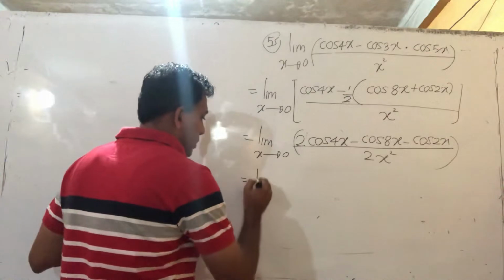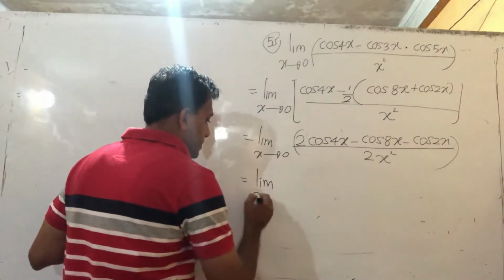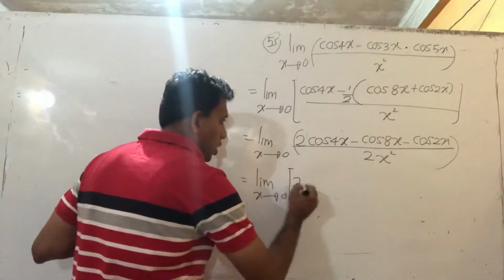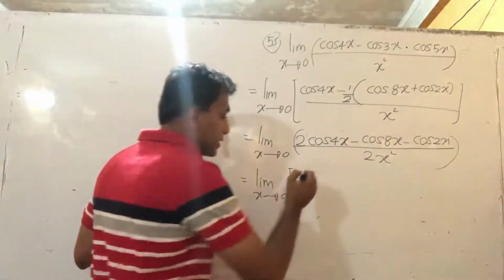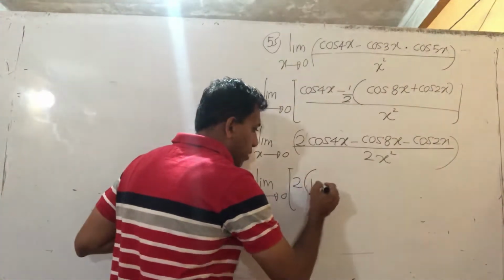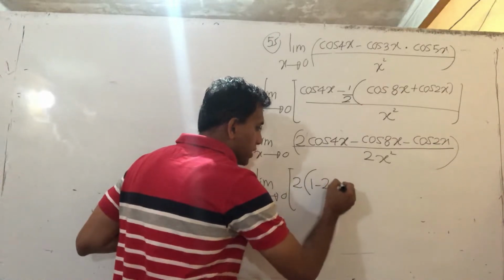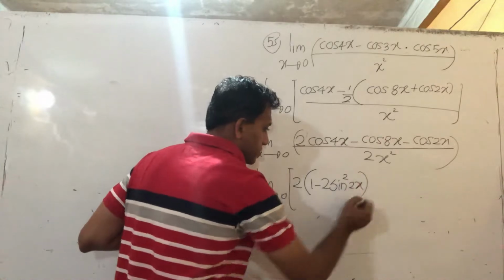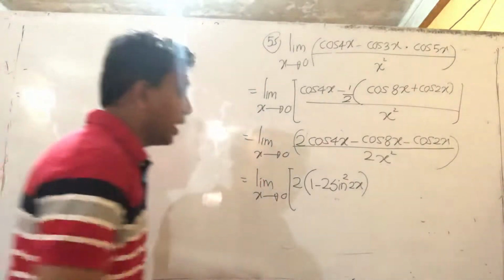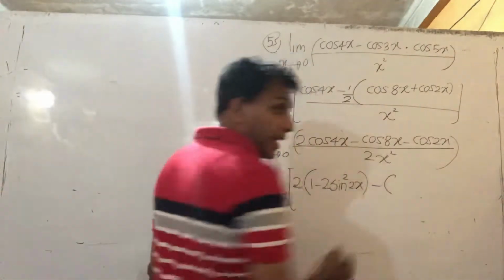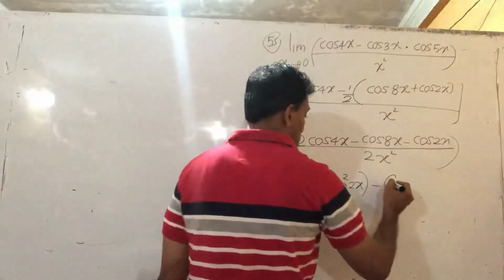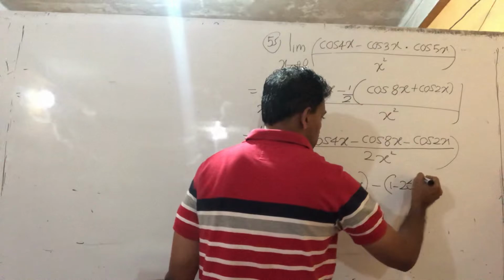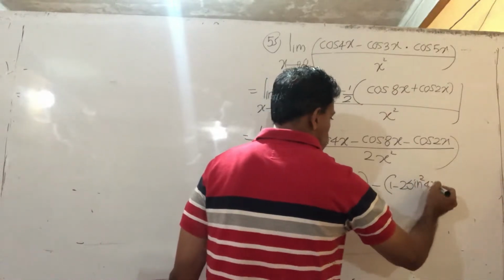Therefore the limit as x tends to 0 of 2, now what is cos 4x? 1 minus 2 sine square 2x. And minus cos 8x is, by the double angle, 1 minus 2 sine square 4x.